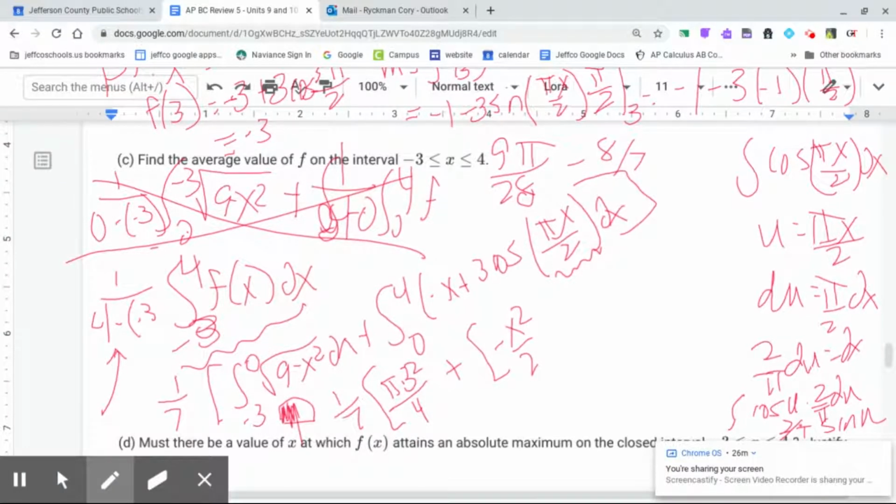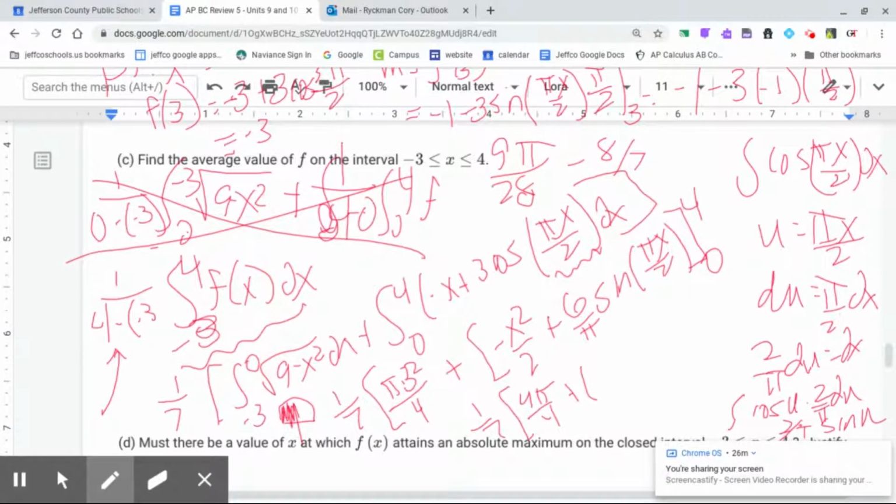And then sub back to get 6 over pi sine pi x over 2 from 0 to 4. If I evaluate, I get 1/7 times 9 pi over 4.